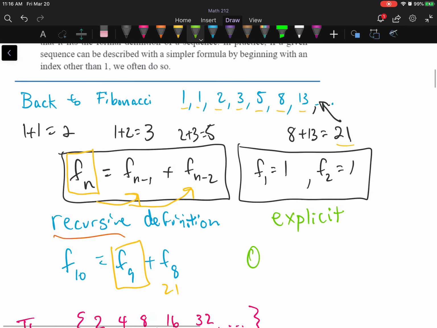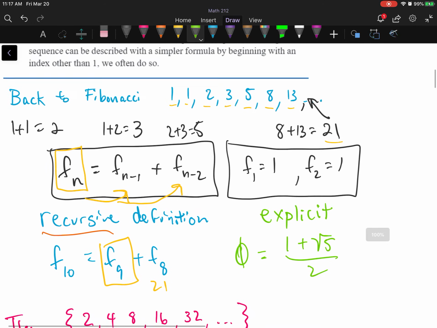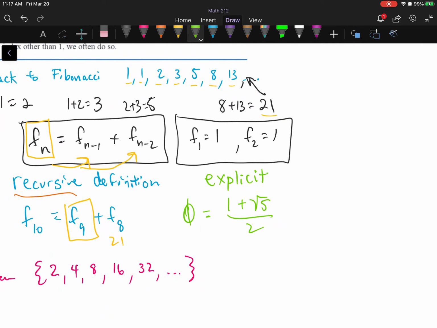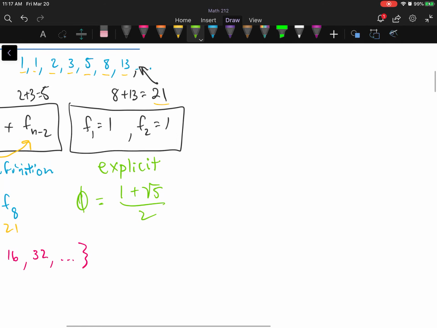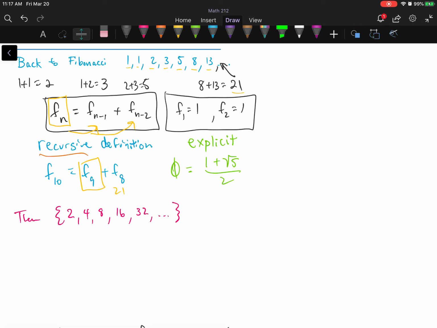Phi is the golden ratio, and it's actually 1 plus the square root of 5 over 2. And I'm going to look this up real quick because I want to make sure I get it right. Yeah, let's bring this down again too.